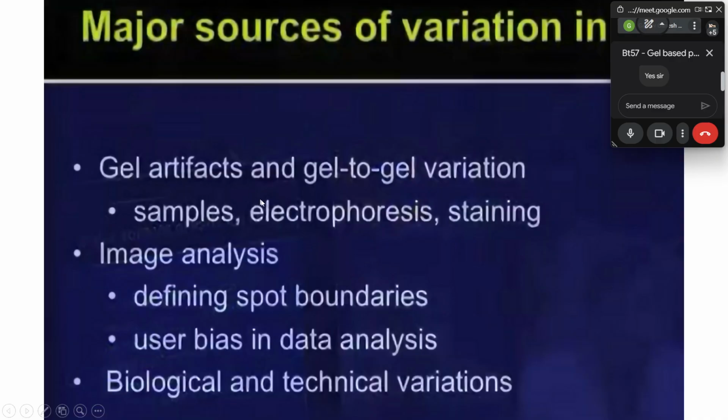Gel-to-gel variation can be seen because of the samples, the electrophoresis technique you are using, the staining technique, the way you have defined the spot boundaries, or user bias as well. One person analyzes in one way, another in another way, and because of that you end up getting slightly different results. Or else it can be because of biological variation itself.